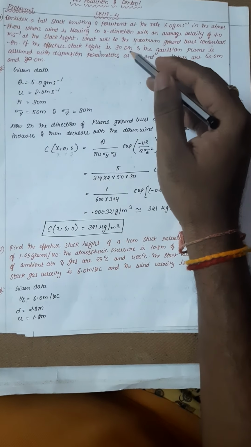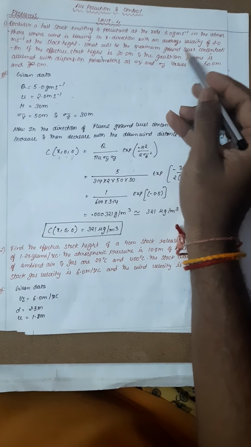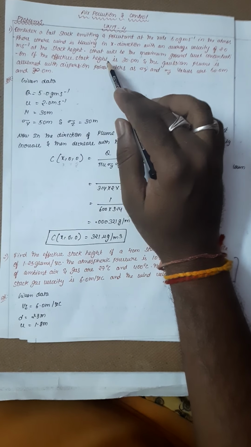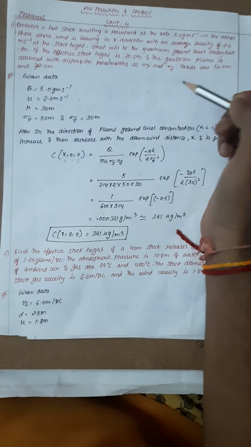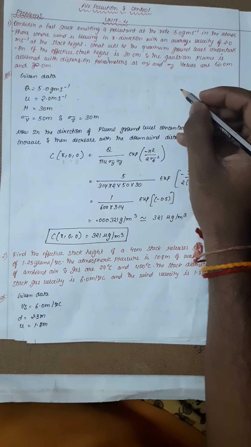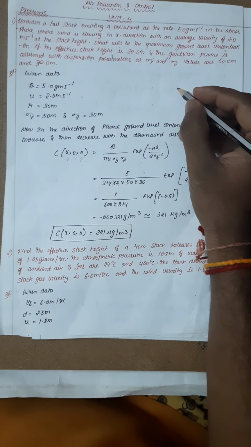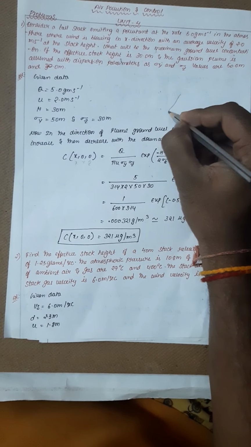So they are asking to find what will be the maximum ground level concentration if the stack height is 30. Going to the Gaussian fume model, I'm drawing a small figure.